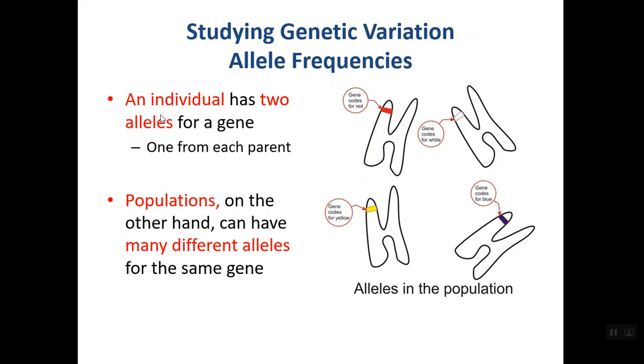In this example, for instance, you are presented with a species of plant that produces flowers of 4 different colors, maybe white, red, yellow, and purple. And these represent the 4 alleles or gene variants that are present in the population.